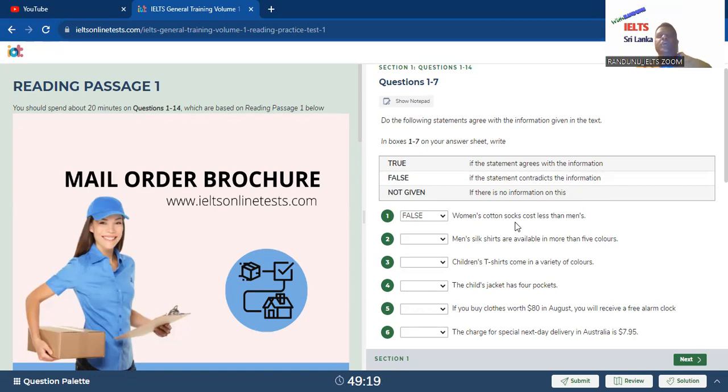Now you have understood the concept of the question. This is one type of question which is very common. Women's cotton socks cost less than men's. You know the idea, no? Now, when you come to this side, we have to find the answer.